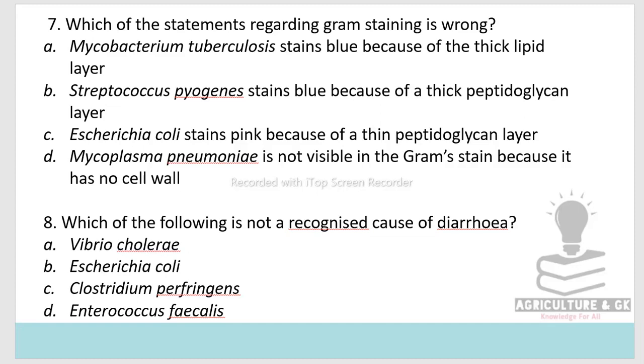Or Mycoplasma pneumoniae is not visible in the gram stain because it has no cell wall. So we know Mycobacterium tuberculosis has a waxy coating on its cell surface because of the presence of mycolic acid, and this coating makes the cell impervious to gram staining. So this statement is wrong.